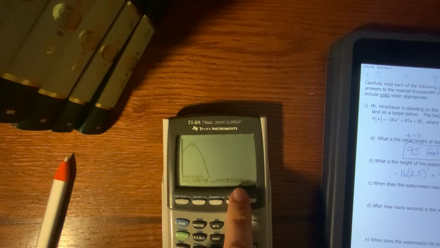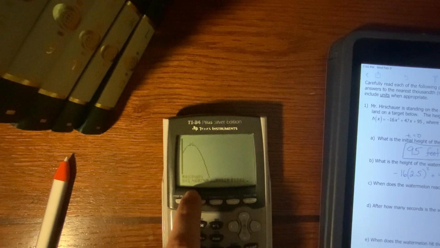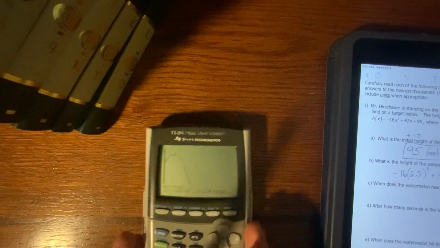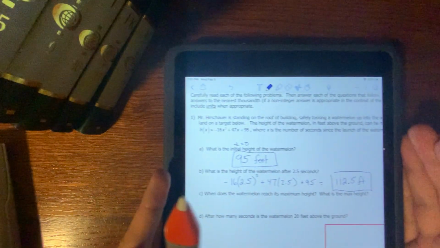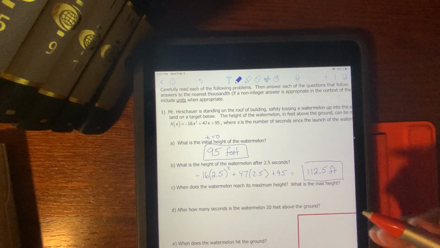So interpret these numbers. 129.516 is how high this thing got. And that height was achieved at 1.469 seconds, right? So we can move this out, move this in. We can answer the maximum height question, right?